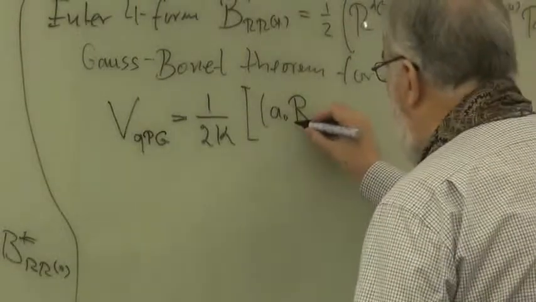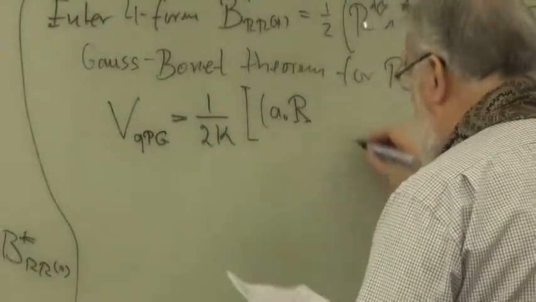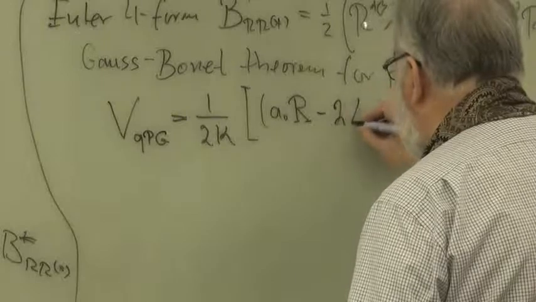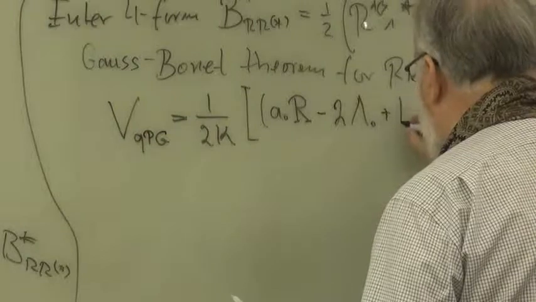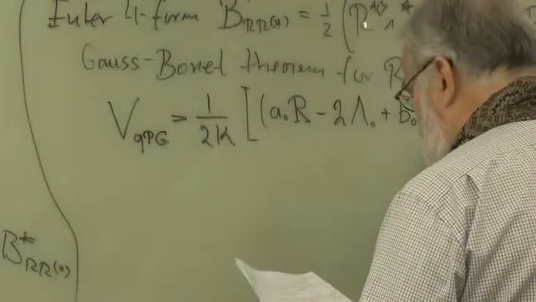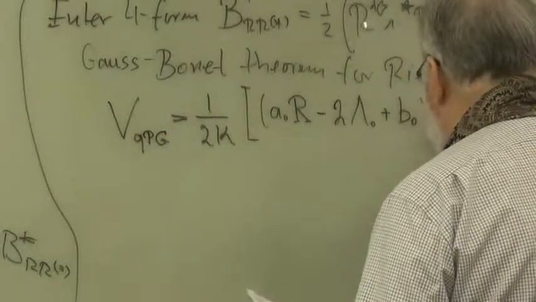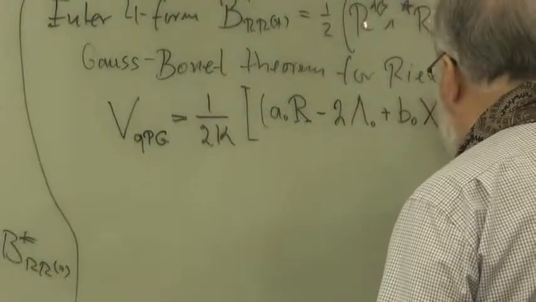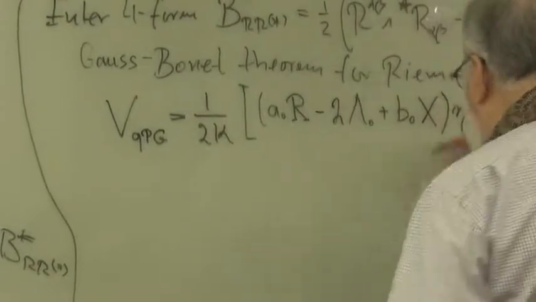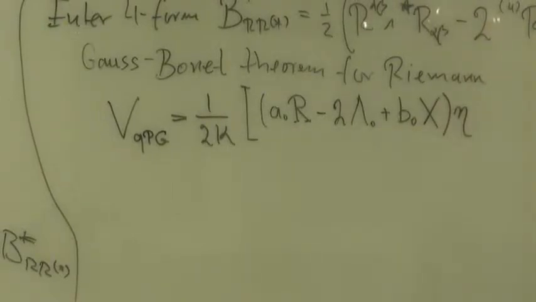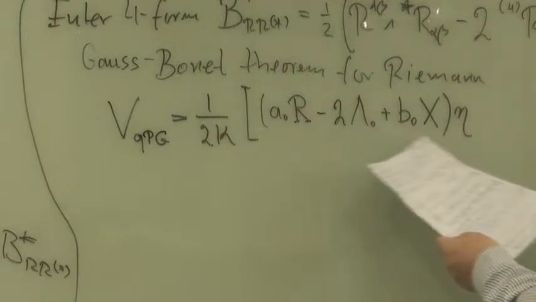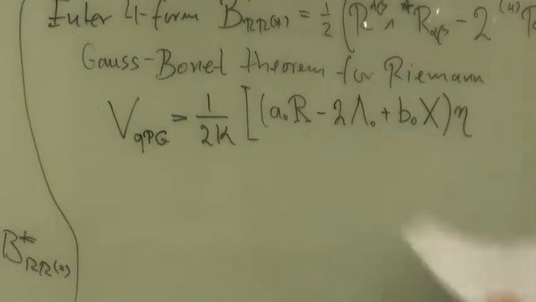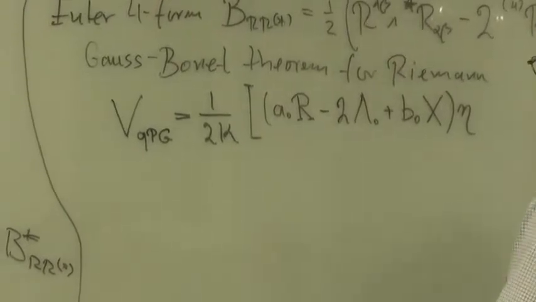I write it as scalar minus 2 times lambda 0, the cosmological constant, plus the Barbero-Immirzi parameter, P0 times x, this is a pseudoscalar which we had introduced, parentheses times the 4 form. So this piece is often called in the literature the Holst piece. This one is the Barbero-Immirzi parameter, which is not historically correct.